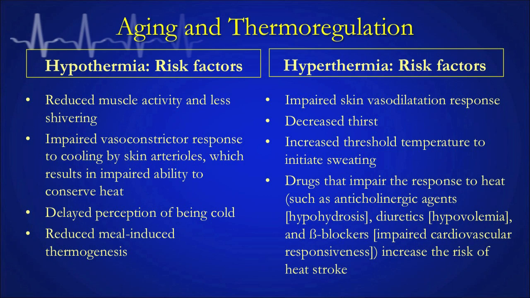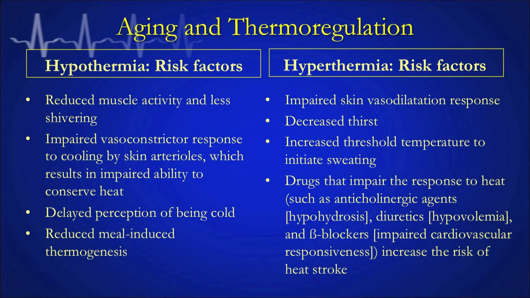One is that older people don't shiver and they don't vasoconstrict, because shivering has increased muscle activity, so you increase the production of heat, and vasoconstriction helps you to conserve heat. So the problem with older people is that they don't vasoconstrict and they don't shiver that much.